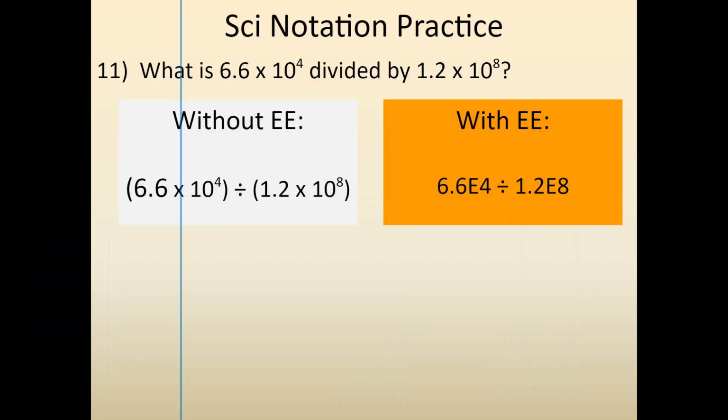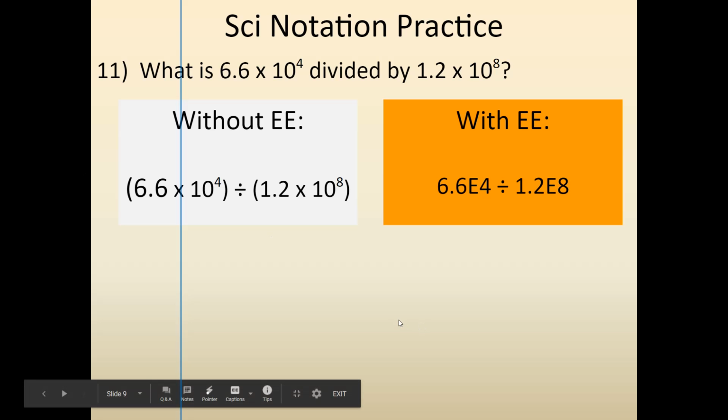It's really only when you divide scientific notation that you have to worry about this whole order of operations, putting parentheses. But my big recommendation is just do it from the beginning. That way it becomes second nature, and you just do it that way right from the get-go.